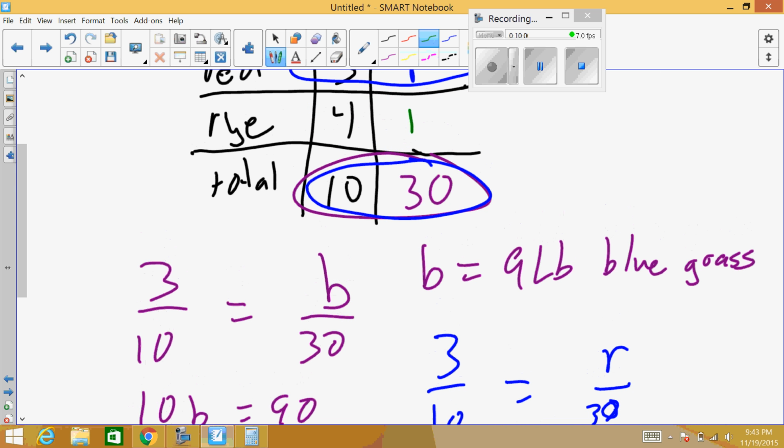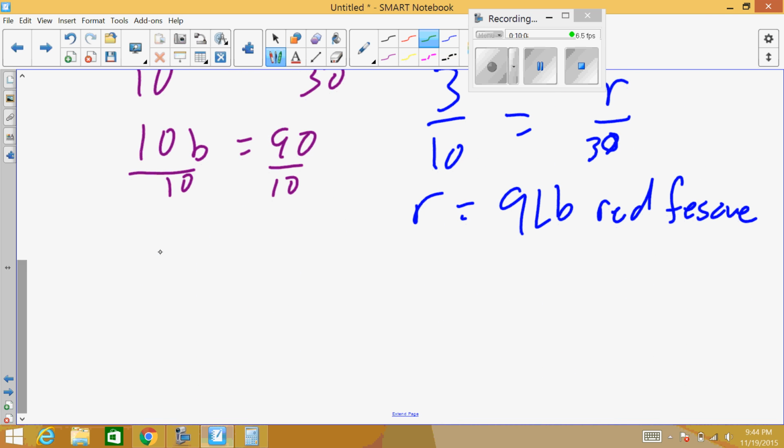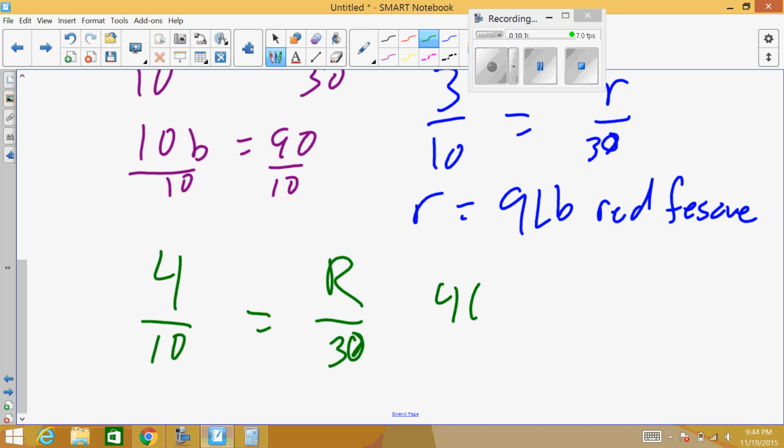Last one now. Rye. I'm going to use a capital R for rye since we already used lowercase r. Remember, capital R, lowercase r don't mean the same thing. For R, 10, 30. Cross multiply. 4 times 30 equals 10 times capital R. And I simplify that left side.